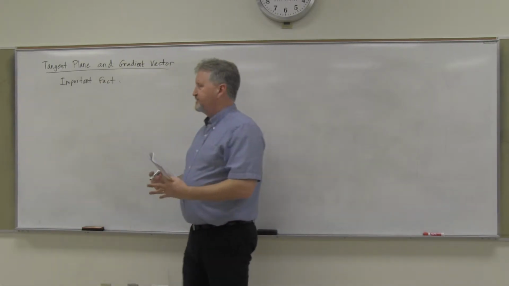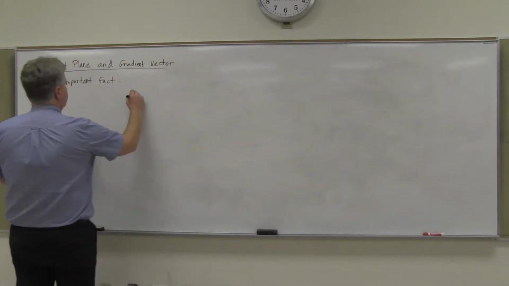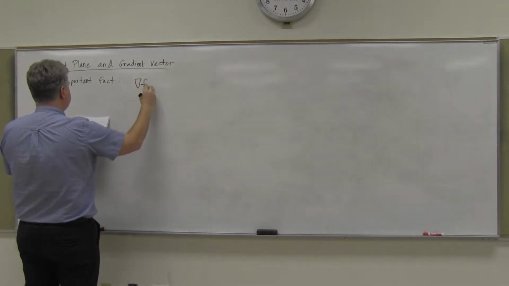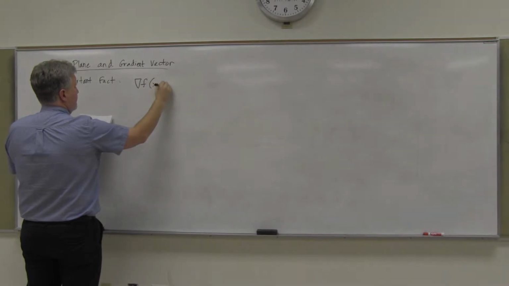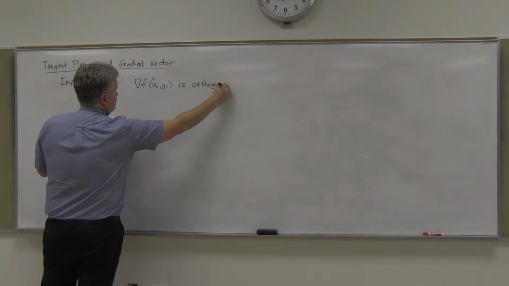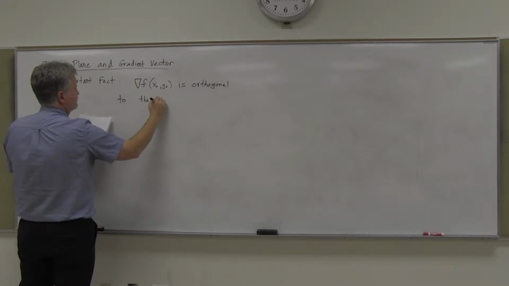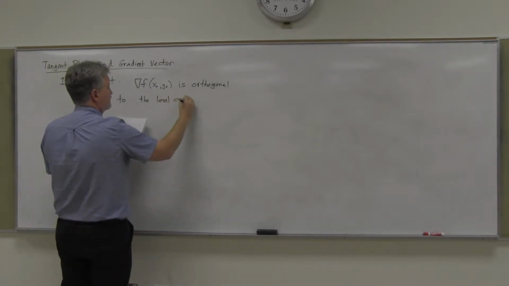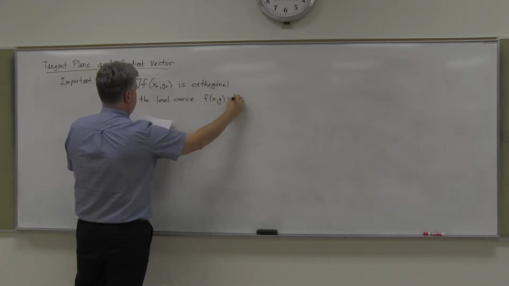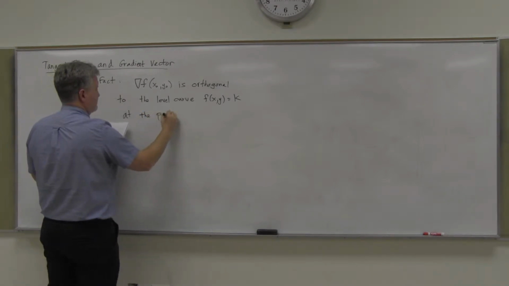But it hinges on this important fact here, and that is the gradient vector at x0, y0 is orthogonal to the level curve f of x, y equals k at the point x0, y0.